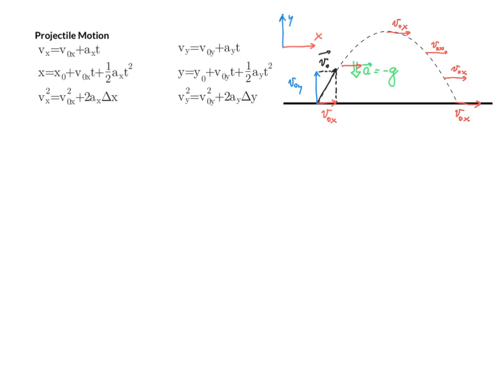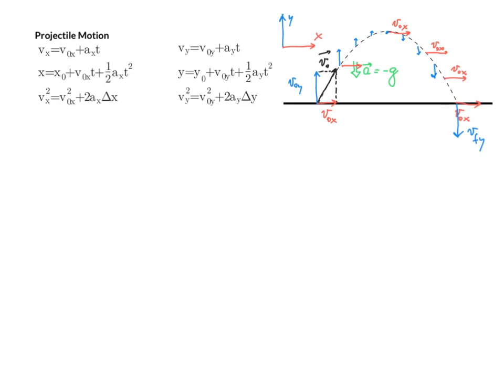But what happens to the velocity in the y direction, the component in the y direction, is that since gravity pulls down on it, it keeps decreasing. It gets smaller and smaller until it's zero at the top, and then it starts falling back down. So it's going to increase more and more until when it reaches the bottom, it has a v final in the y direction, down like that.